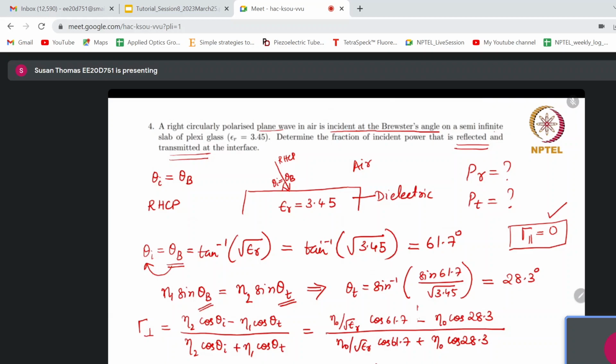If you simplify this, you will get the reflection coefficient as minus 0.55. So that is your reflection coefficient.